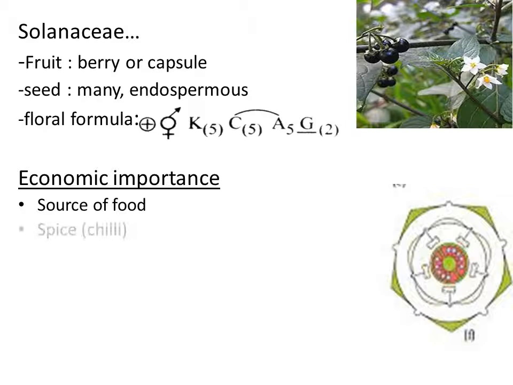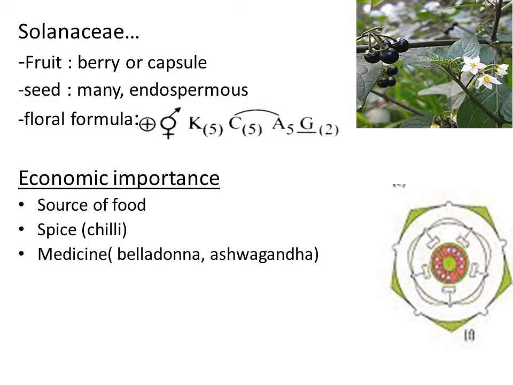And some of the plants are a source of spices. The best example is chili. Chili also belongs to the Solanaceae family, and it is the best example of spice. And some are medicinal plants. There are medicinal plants in the Solanaceae family too.